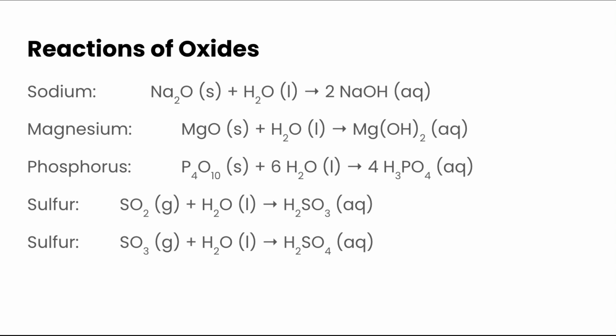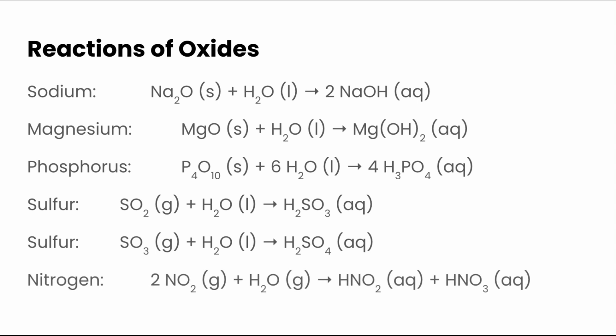And so NO2 is really the main nitrogen oxide that has an impact on our environment. If we took this NO2 and reacted it with water, it's going to form both nitrous and nitric acid. And nitric acid is actually one of the acids that is responsible for acid deposition, which again, we're going to come back and take a look at in a later video.